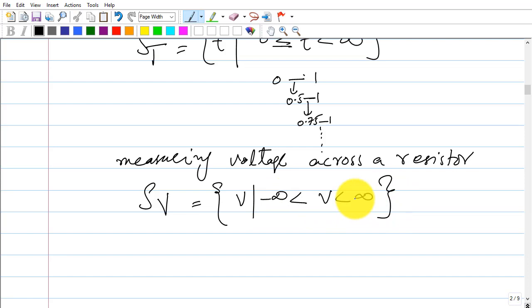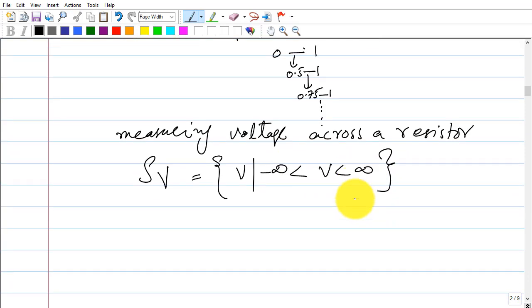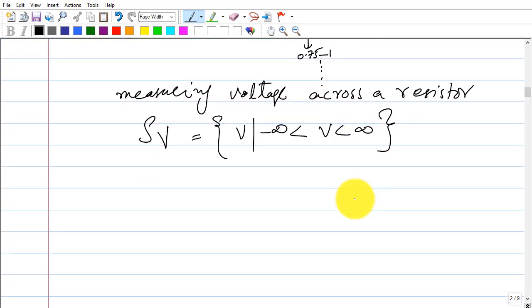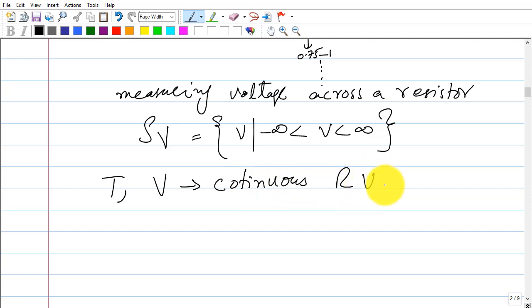Again, this is a range, so we can have any numbers defined. So we call this T, V, etc. the continuous random variables.